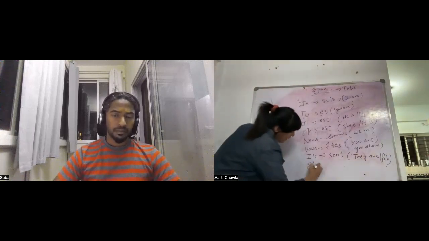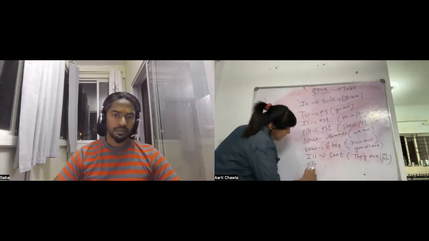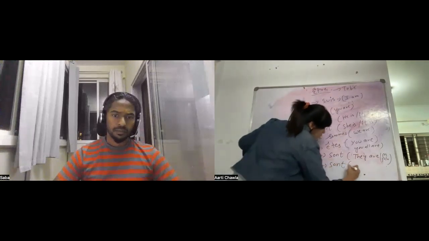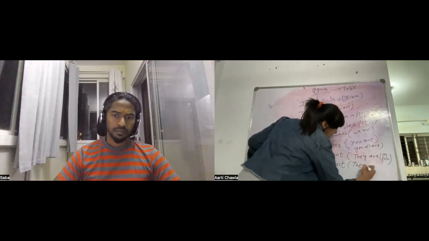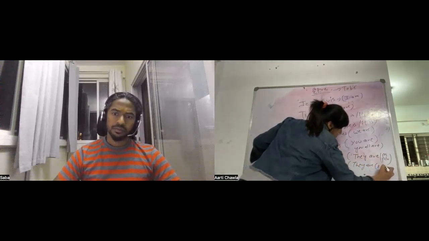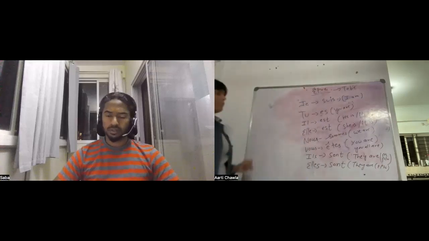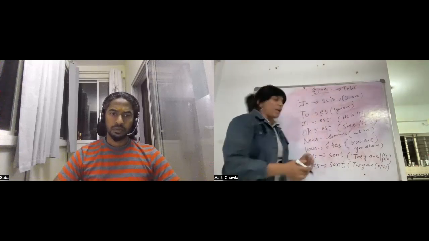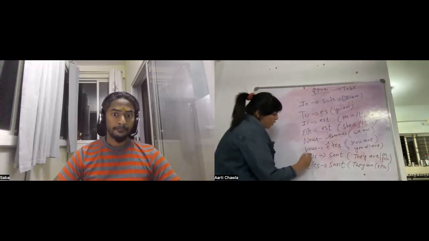Then you have elles, E-L-L-E-S, elles sont, which means they are, feminine plural. But if it is a masculine and feminine mix, then you will always use the pronoun ils.